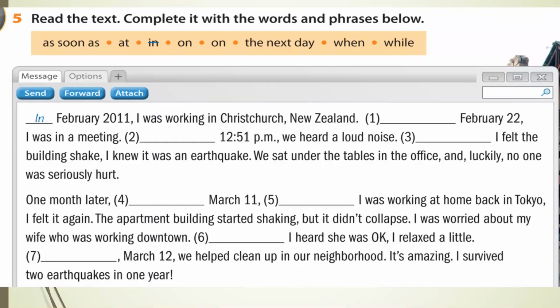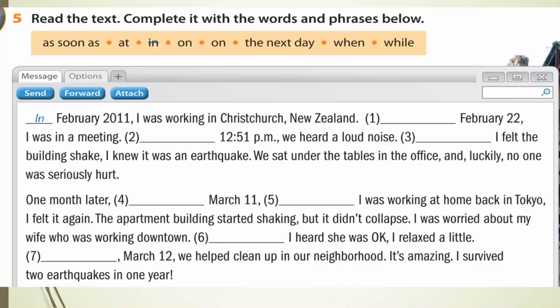Okay, let's get started. So in February 2011, I was working in Christchurch, New Zealand. Then I have number 1 here, February 22. When I'm thinking about dates, remember, I have two possibilities. I can use in for months, or I can use on for months with days, or only days.